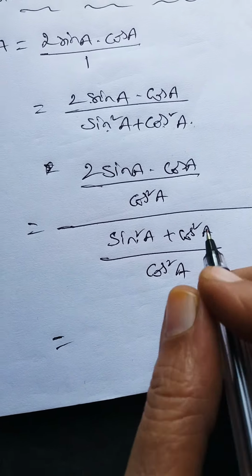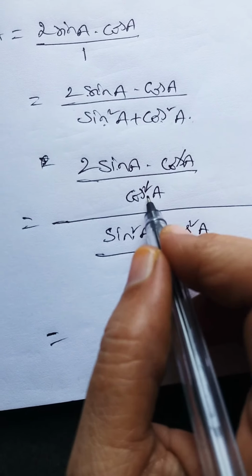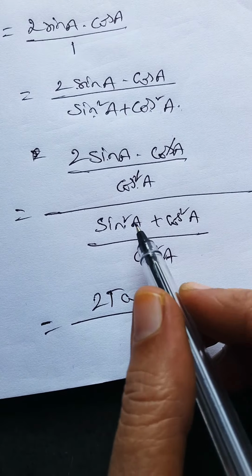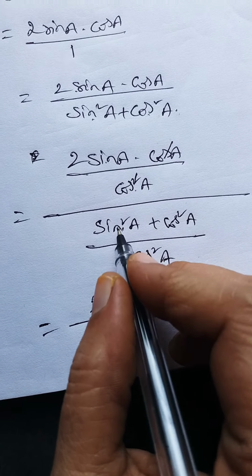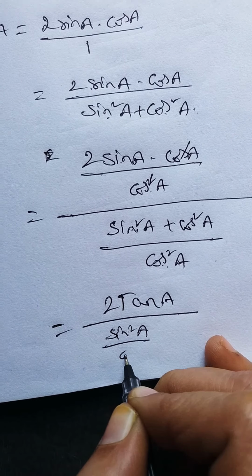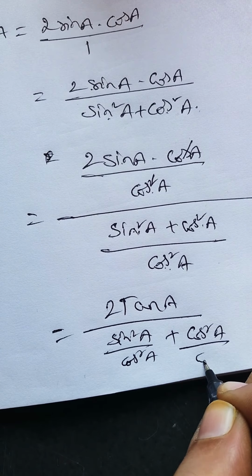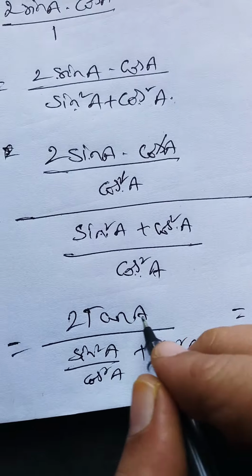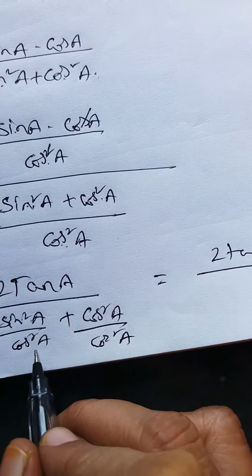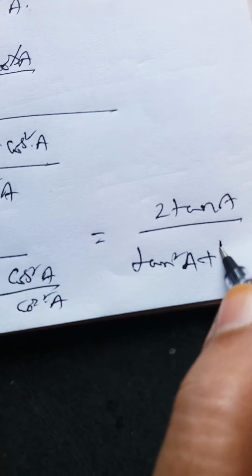Now, you observe the numerator, cos square A gets cancelled. We will get 2 sin A by cos A, means 2 tan A, divided by sin square A by cos square A plus cos square A by cos square A. The numerator is 2 tan A, and sin square A by cos square A means tan square A, plus cos square A by cos square A means 1.